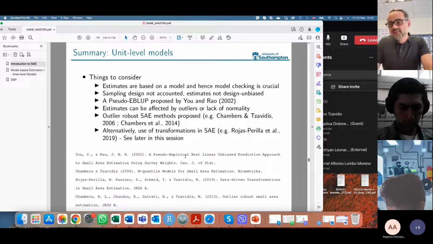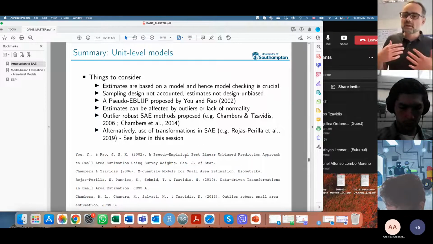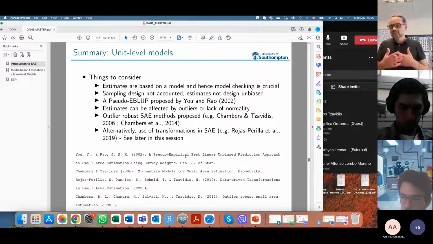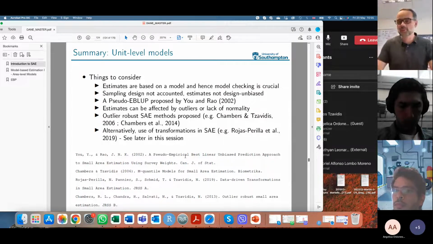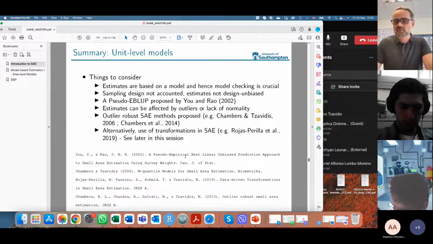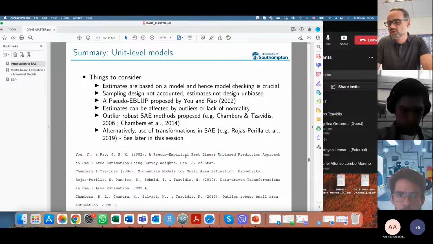Estimates can be affected by outliers, right? Especially when you model income data. Obviously, if you just model the income, the model assumptions and the normality assumptions under the basic model probably are not going to hold. The most typical way of solving that problem, described in the last bullet point in this slide, is to use transformations.